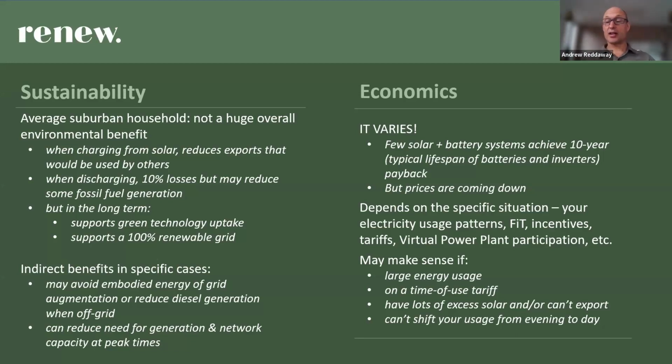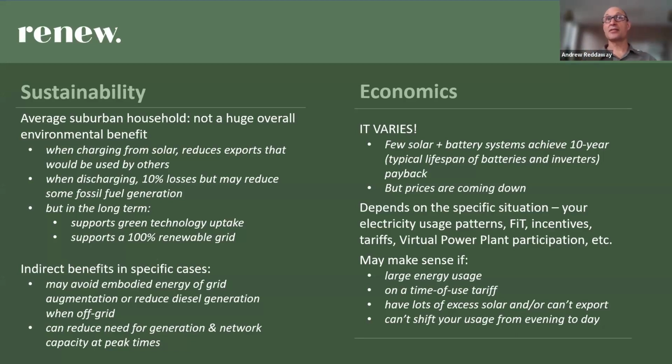There are specific cases where it does make a lot of sense. If you have a really harsh export limit, for example, if your poles and wires company in your area has said, yeah, sure, you can put on your 7 kilowatt solar system, but you can only ever export 1 kilowatt of power, then in that case, you would have heaps of times around the middle of the day when your solar panels are generating way less than what they could.